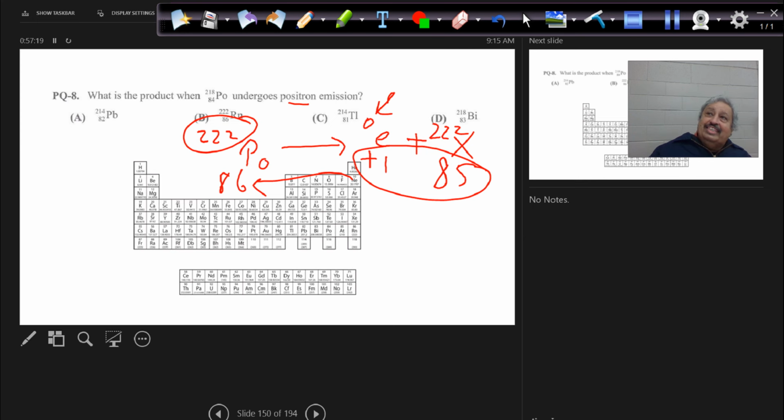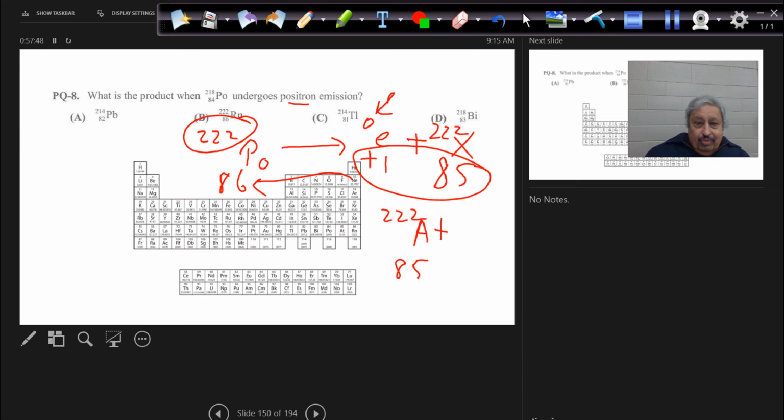Let's look, where is 85? Astatine. Yeah, 85 at the bottom, atomic number, and 222 atomic mass, correct?